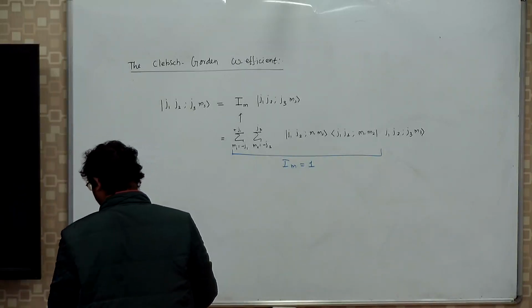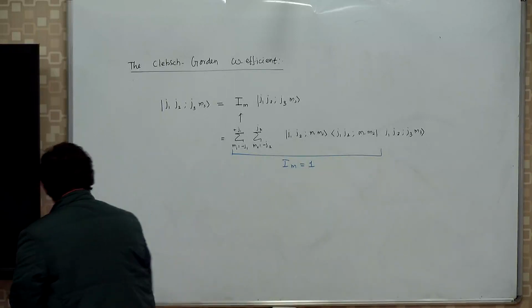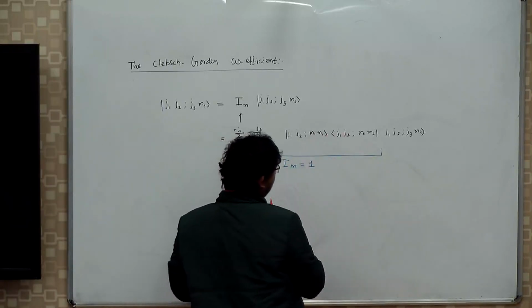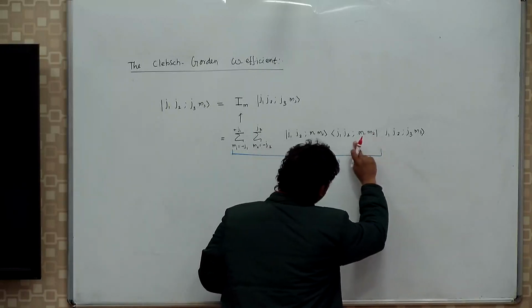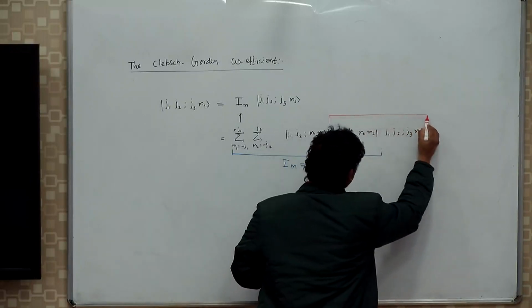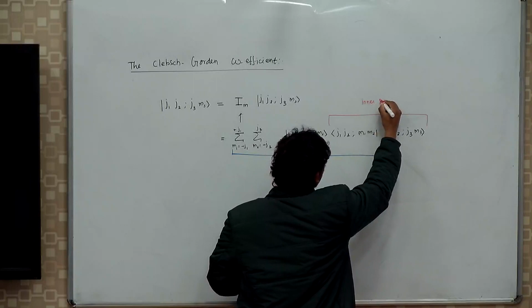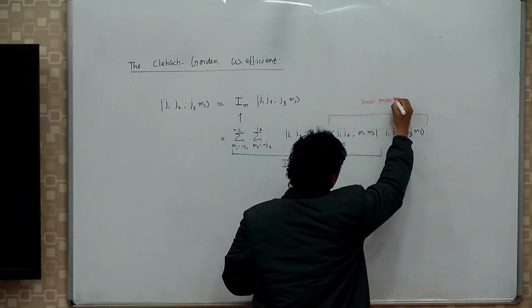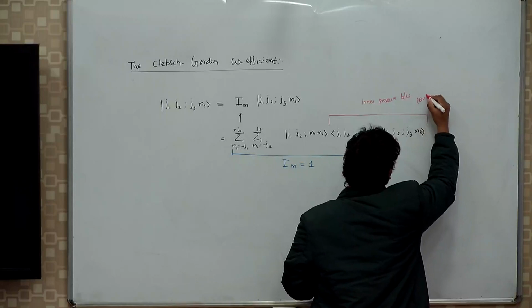Next, if you look at this expression here, it is an inner product between the coupled and uncoupled basis. This one will give you the inner product between coupled and uncoupled.